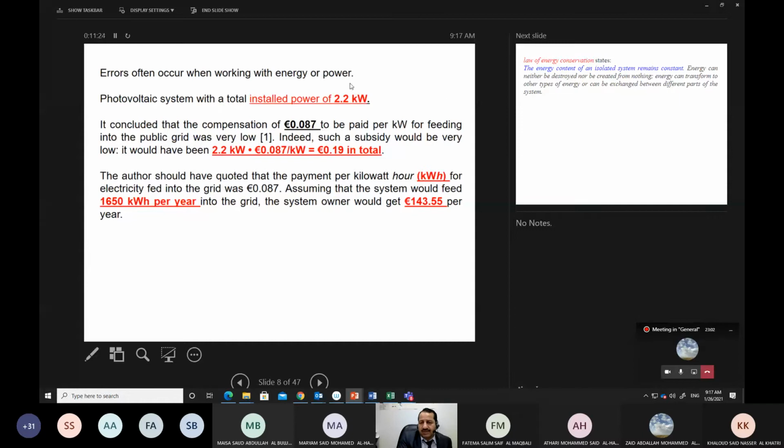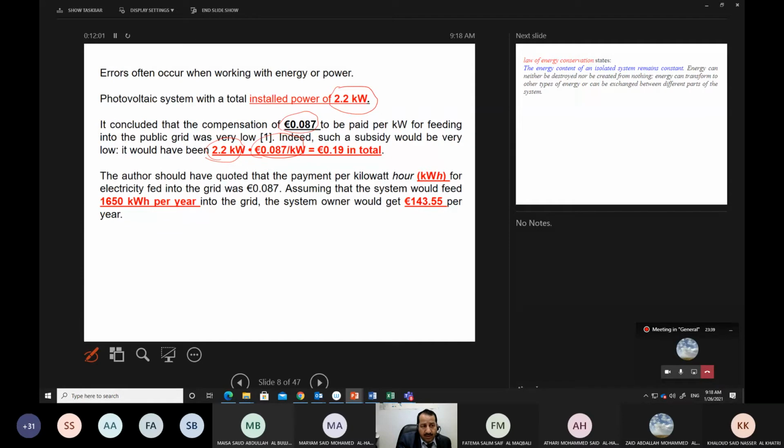Now, have a look. This is a paper published a long time ago in Europe, and it's talking about installing a system which is 2.2 kilowatts, a small system. And at that time, the incentive, I mean, when they sell the electricity to the network, to the utility, they pay 0.087 euro per kilowatt. So the author multiplied the installed power rating by the cost per power.